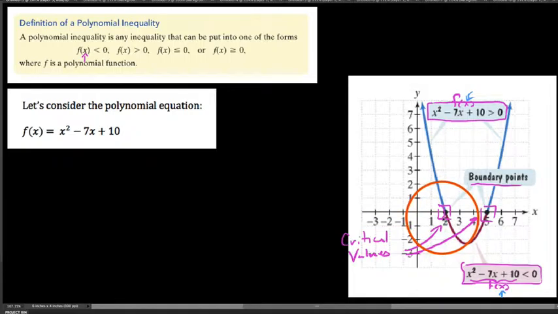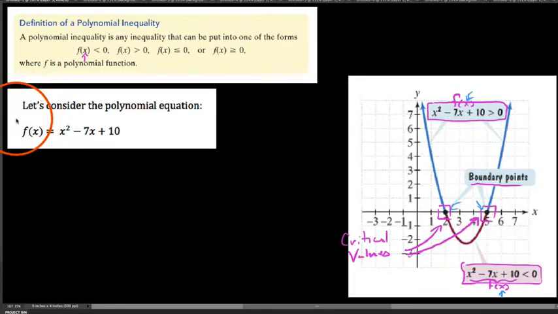Or we might ask, where does our function have negative values? It's all of these x values right here in the middle. Those are the ones that cause our y values to be negative. So that's what we're looking for, these x value intervals for which our function has positive or negative y values. And I notice it can only ever change from positive to negative y values, or negative to positive y values, at these points here. And we recognize these as basically being zeros.